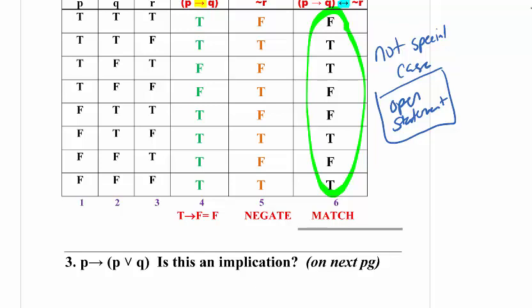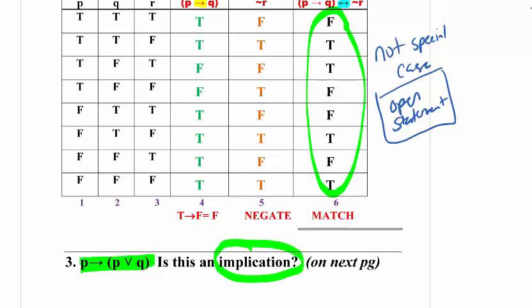So number 3, which is what we're going to start off with here, we have this statement: if P, then, and there would be a comma, P or Q, and they want to know if it's an implication. Remember what it means to prove if it's an implication.